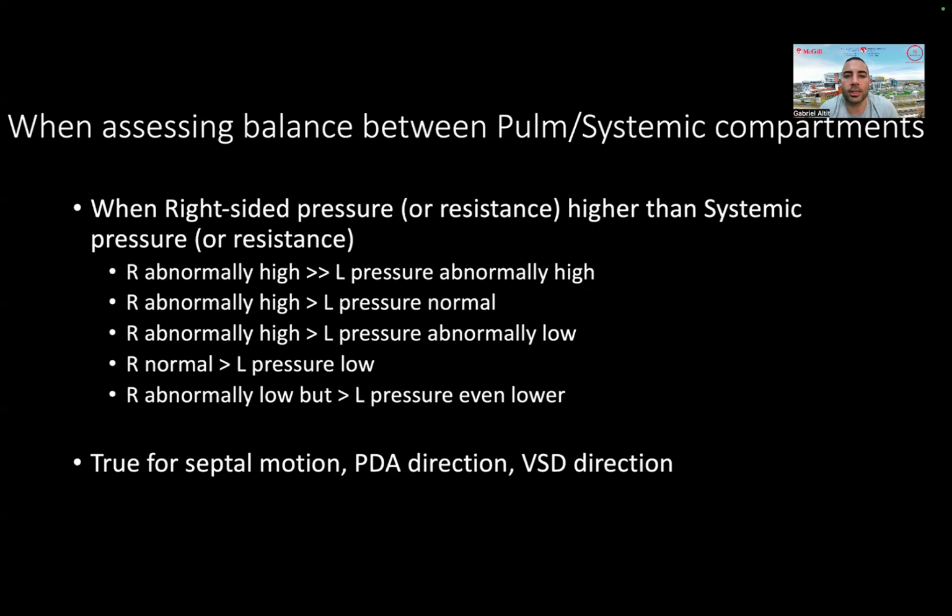Which brings me to the concept of the balance between the pulmonary and systemic compartment. When you have right-sided pressure or resistance that are higher than systemic pressure or resistance, this may mean that the right-sided are abnormally high compared to left-sided that are also abnormally high but much higher on the right side. Maybe it's high and the left pressures are normal. So that's why you have, for example, a right to left shunt, but the left systemic pressure or resistance are normal.